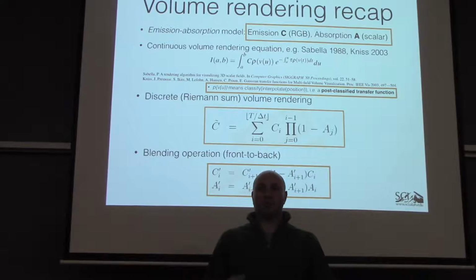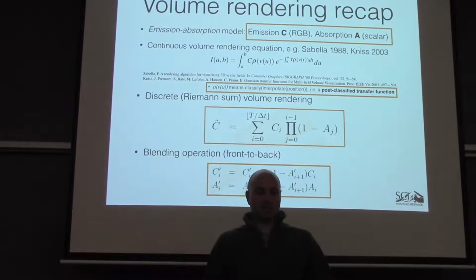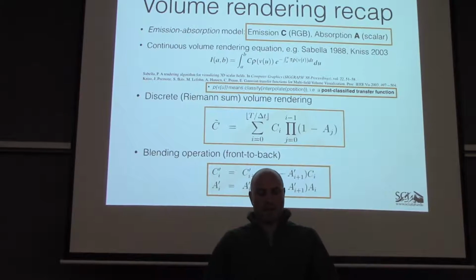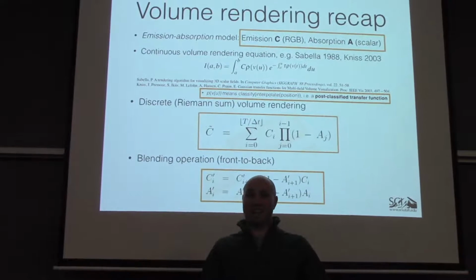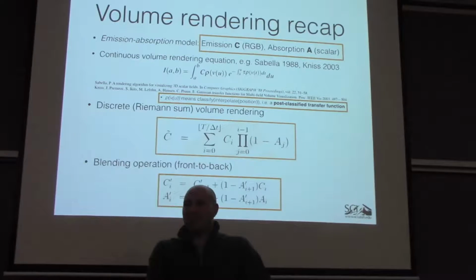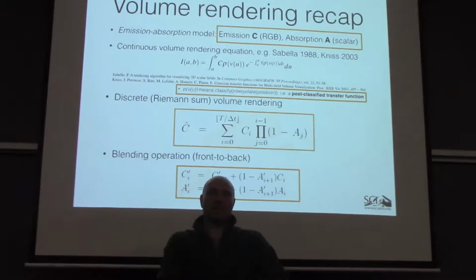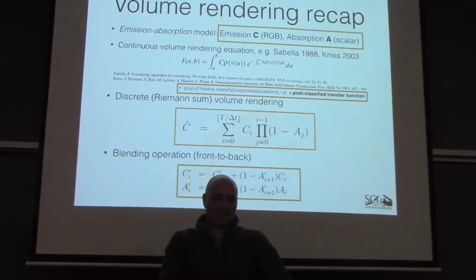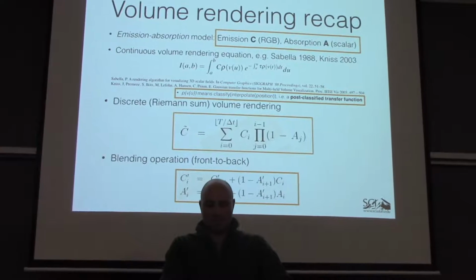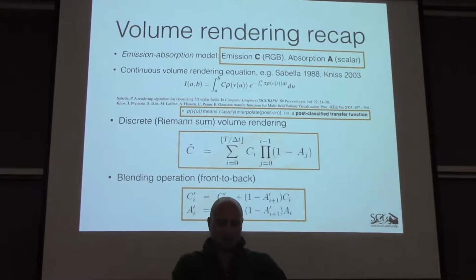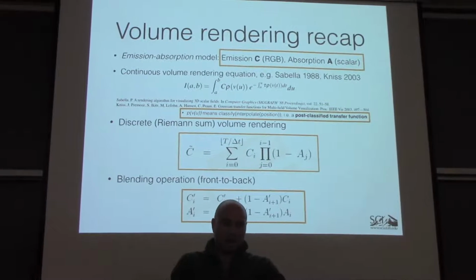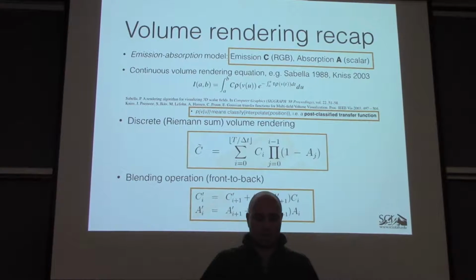Derived from the Kajiya rendering equation, there is a continuous volume rendering equation that for some reason everybody attributes to Sabella's 1988 paper, although I never saw anything like that in that paper. So probably the most common way to dig up this integral is to refer to the Max paper from 2003, and there are several others that have something more or less in this form.